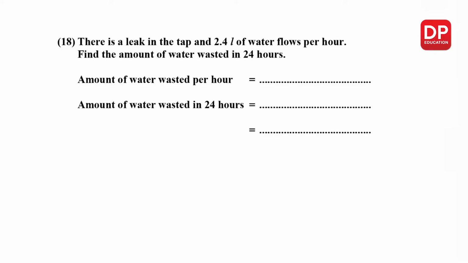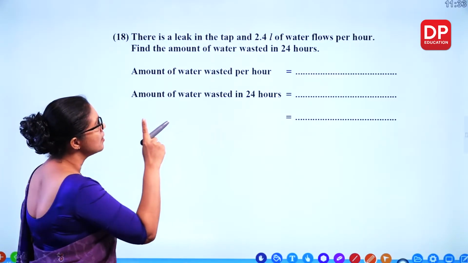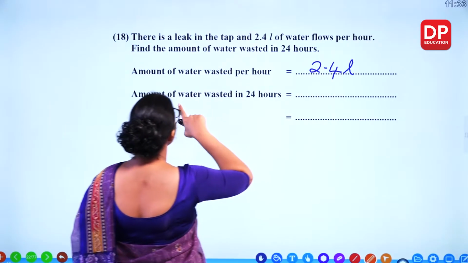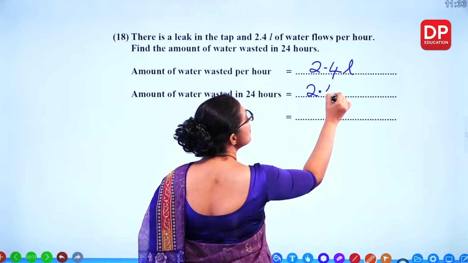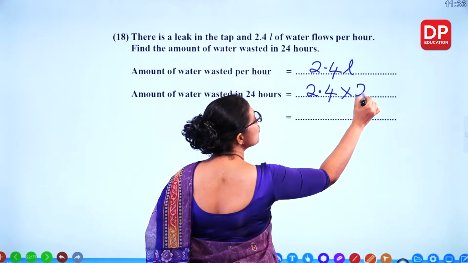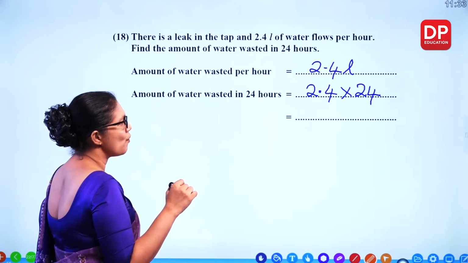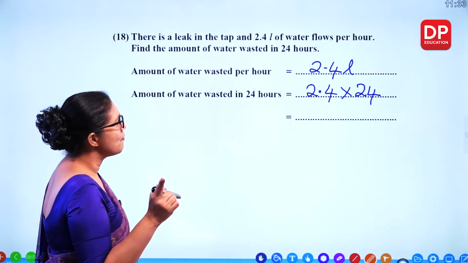Look at this question. There is a leak in the tap and 2.4 liters of water flows per hour. Find the amount of water wasted in 24 hours. So what's the amount of water wasted per hour? That's 2.4 liters. Now, amount of water wasted in 24 hours means you have to multiply by 24. What's 24 times 24? 25 times 25? 625.